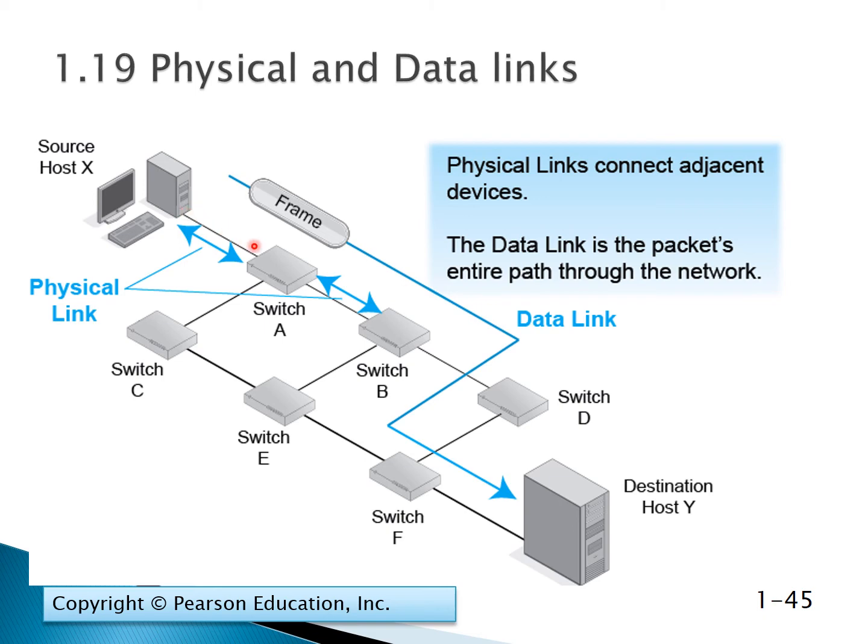So if you have a network like this, you may have LAN cables connecting all these computers and switches together. This is what is defined by the physical layer or physical link standard: how thick your cable should be, what your cable should be made of, and what connectors you should use.